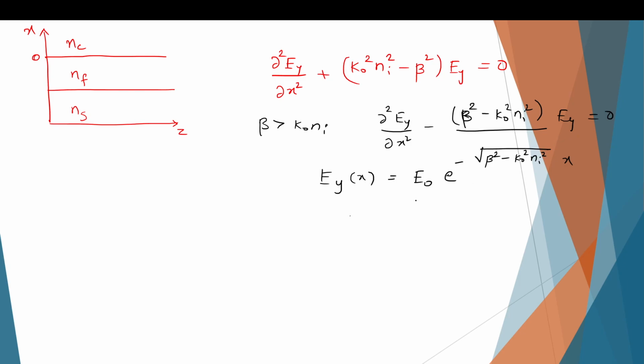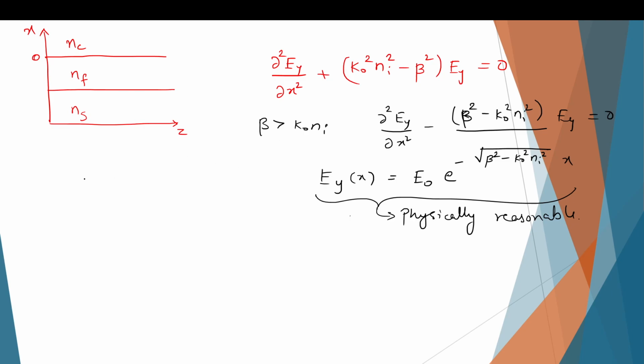For keeping it physically reasonable, this is the only acceptable solution for the beta greater than k naught ni case. The only thing we have to assume here is that the solution of such an equation is this. You can just verify it by putting it back.